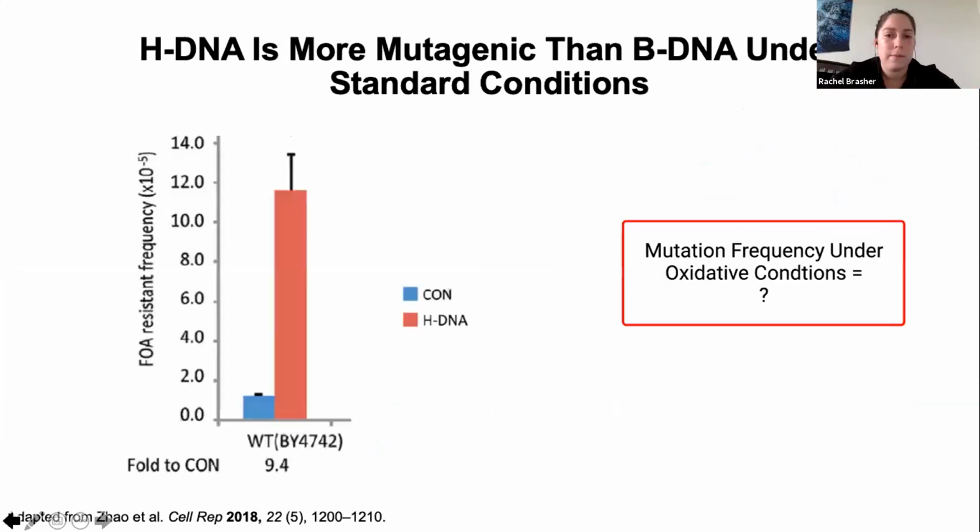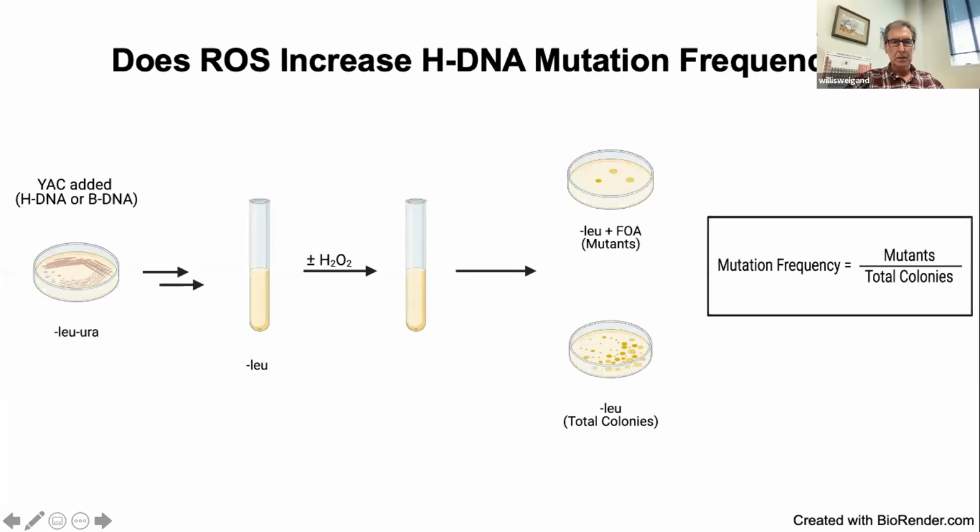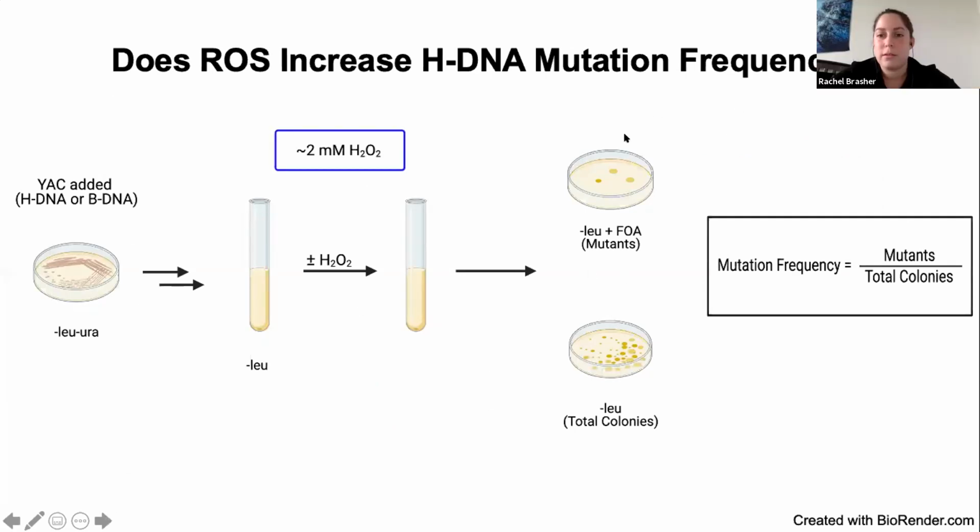So, if we go back here, for this, this plate right here will only allow mutants to grow. And it does this by the addition of FOA. When the cells are mutated, they do not have an active URA.